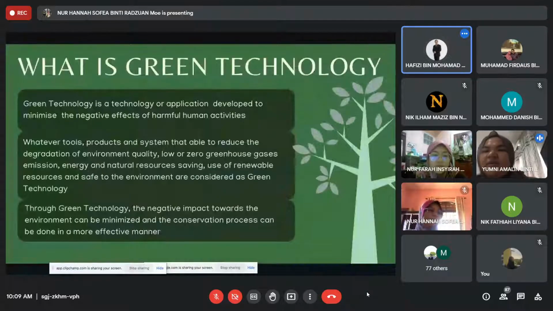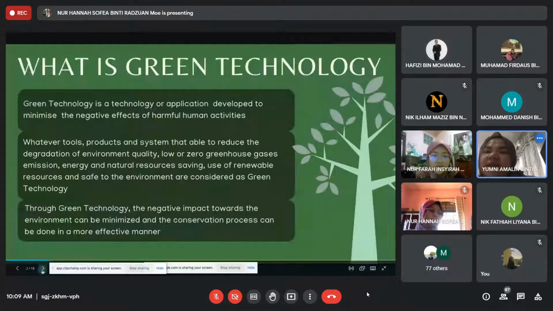Okay, so what is green technology? Green technology is a technology or application developed to minimize the negative effects of harmful human activities.